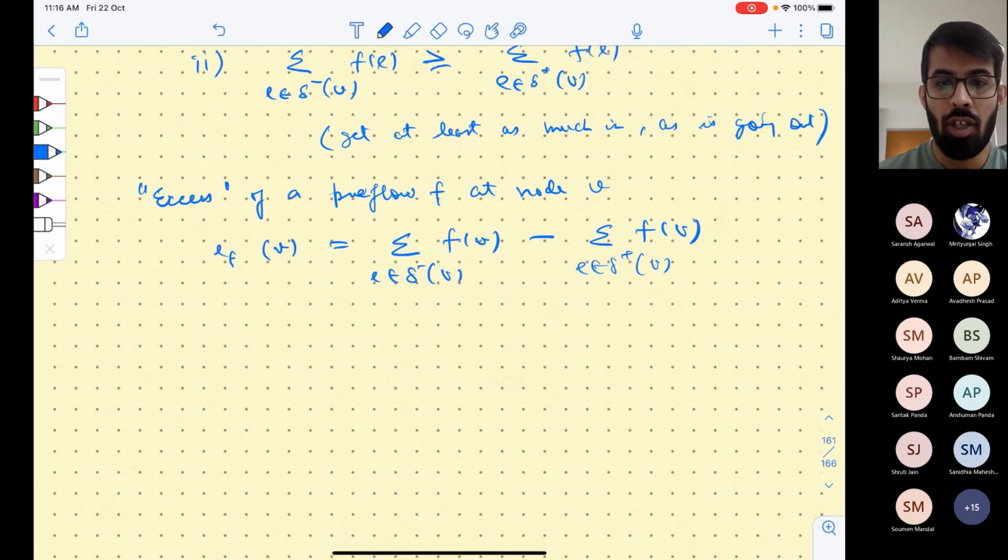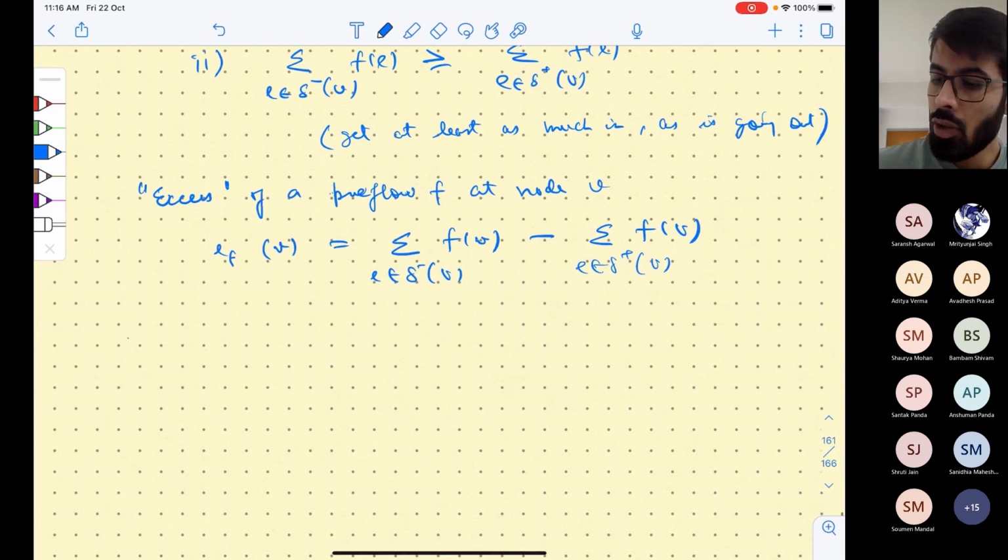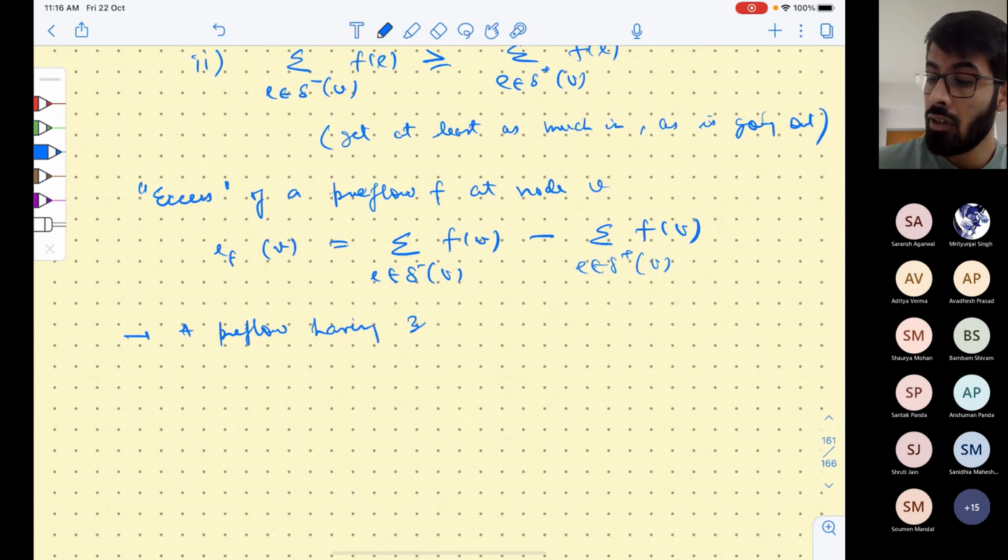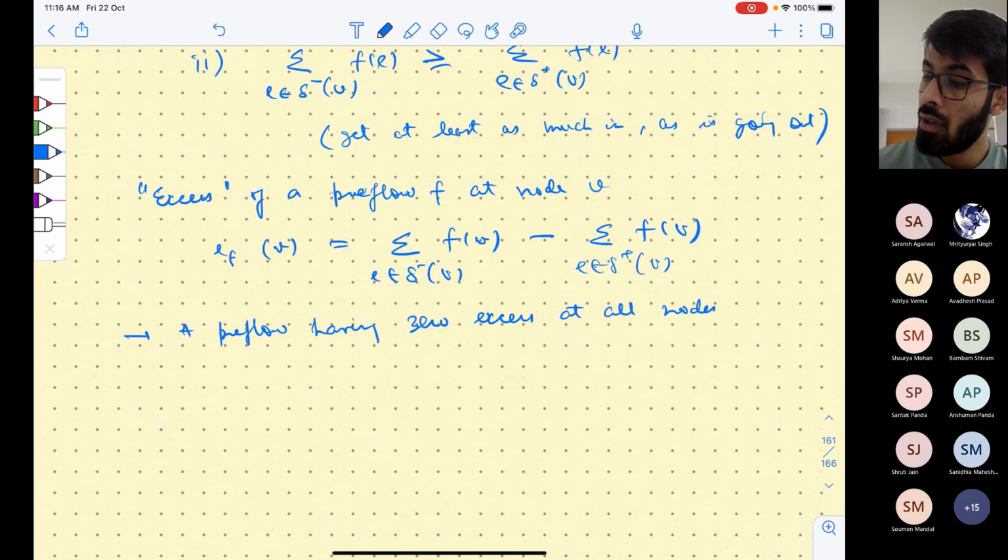That is the excess that a vertex has. And you can observe that a pre-flow having zero excess at all nodes V belonging to V minus {S, T}, because at S and T you cannot have flow conservation, is actually a flow.